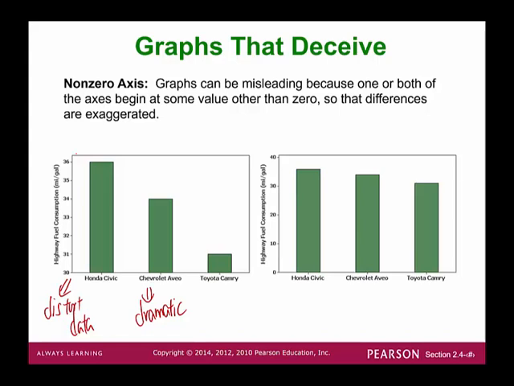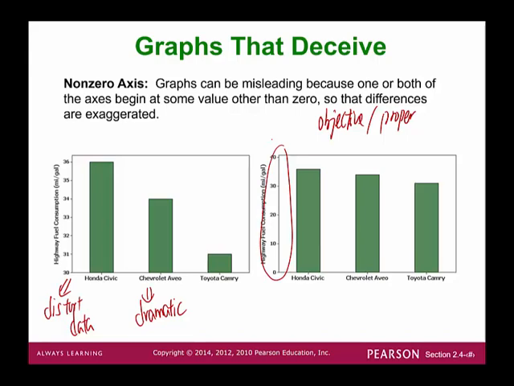And if you look at the second graph, which is the more objective graph, this is a proper representation of the data, and they look pretty consistent, meaning all three vehicles perform at a similar level, because the scale they pick here is the more standard way of picking a scale, which gives you a more objective outcome.